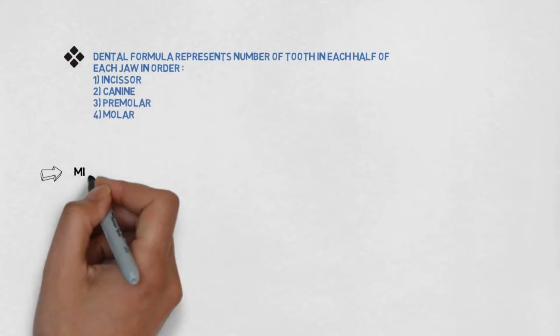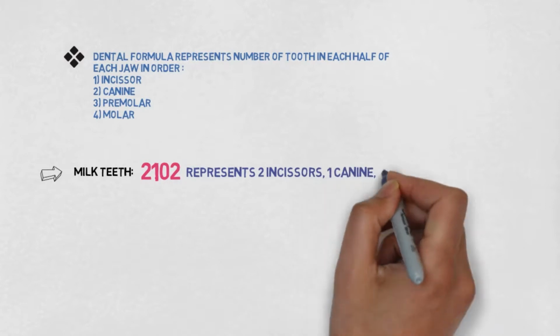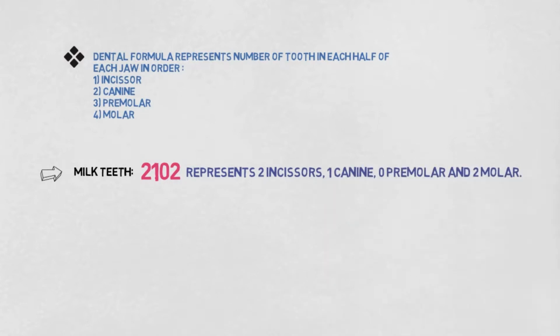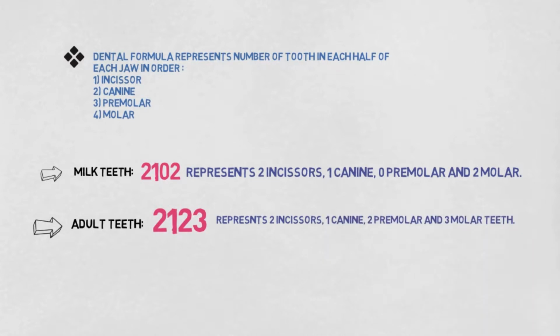Likewise, the adult teeth formula is 2123, which says it has 2 incisors, 1 canine, 2 premolars and 3 molars. The total number of adult teeth is 32, whereas the total number of milk teeth is 20. So milk teeth is 2102 and adult teeth is 2123.